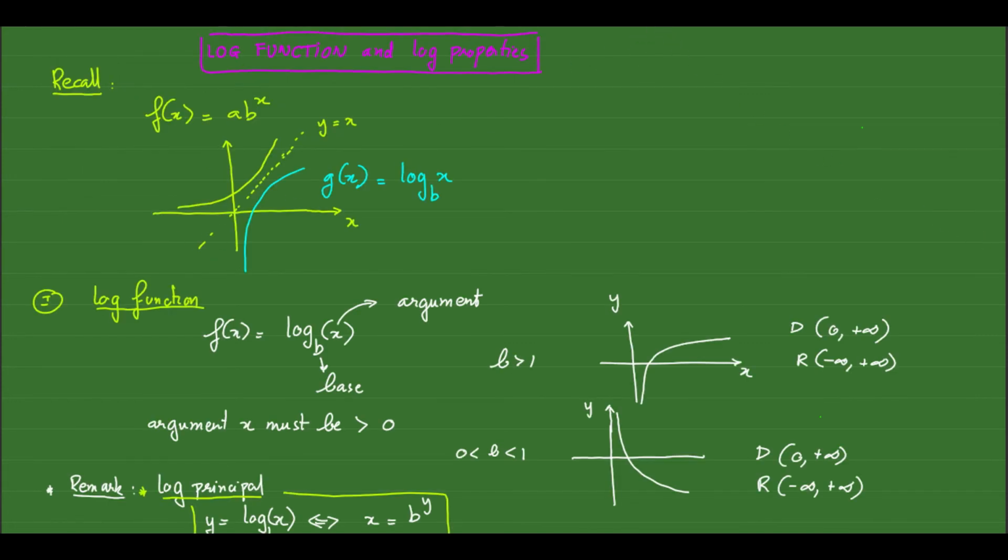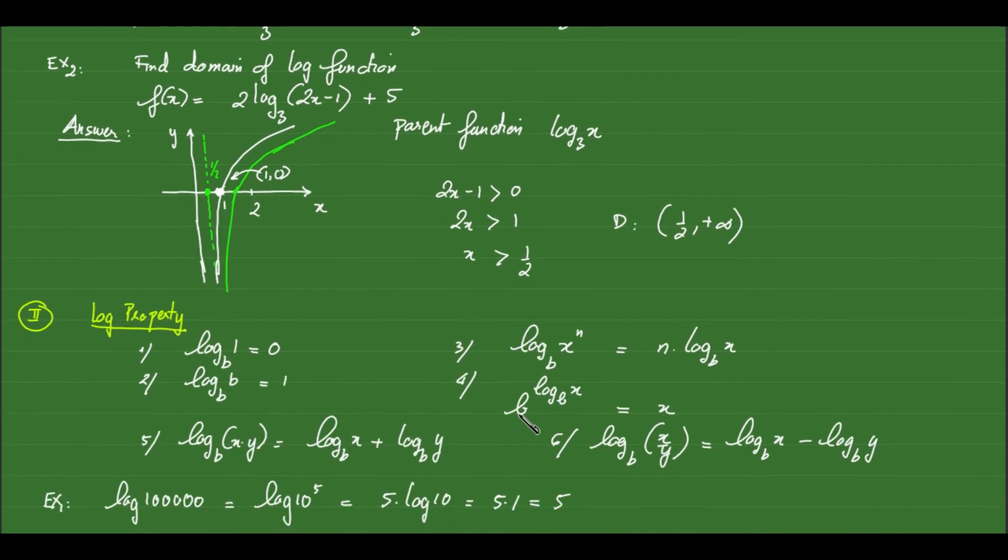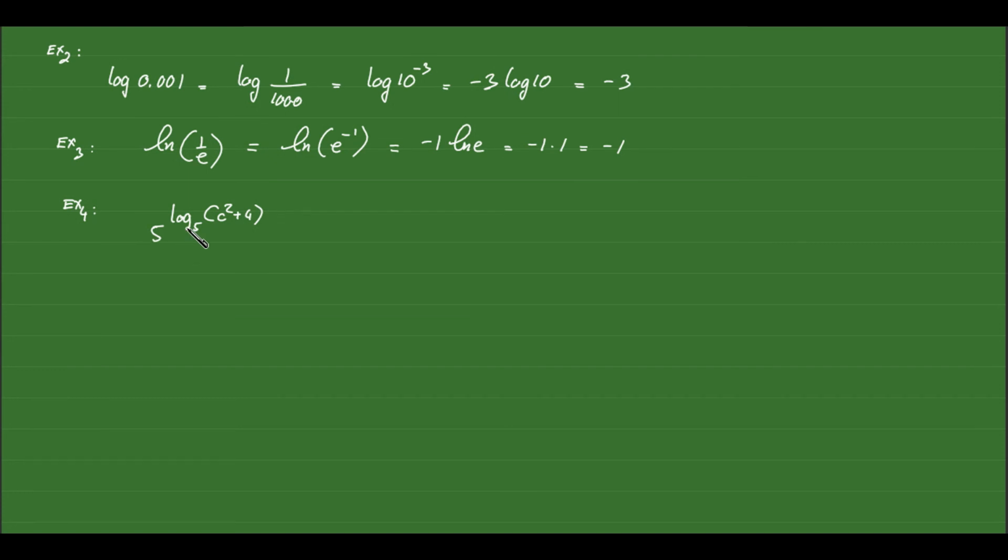I'm going to use this one right here. The base here and the base here are the same, so it just gives you the argument, which is c squared plus 4. That's simple. Very easy.